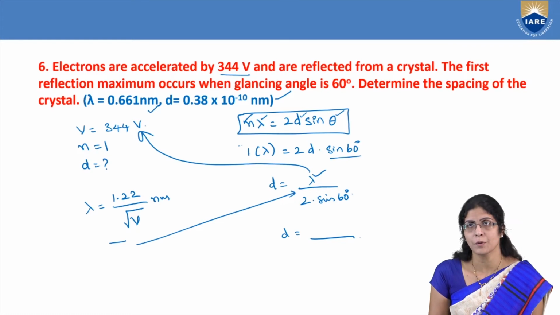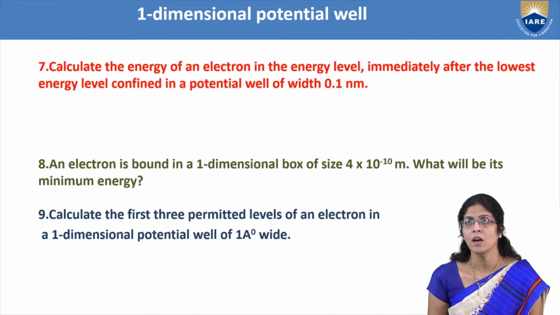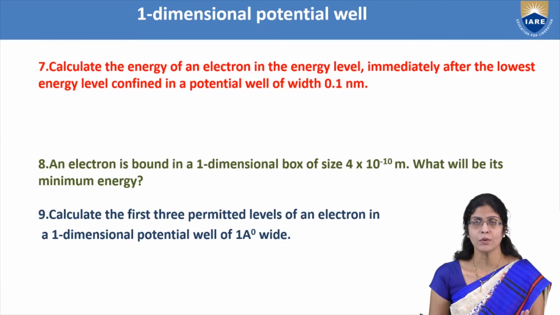Let's go for the next problem. Calculate the energy of an electron in the energy level immediately after the lowest energy level, confined in a potential well of width 0.1 nanometer. Now you are arriving at the potential well problems.